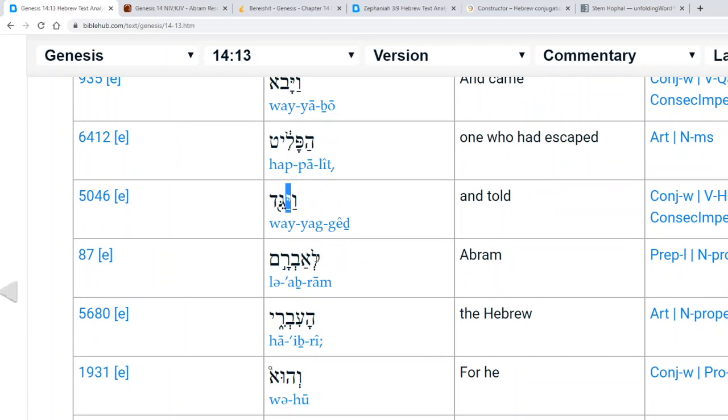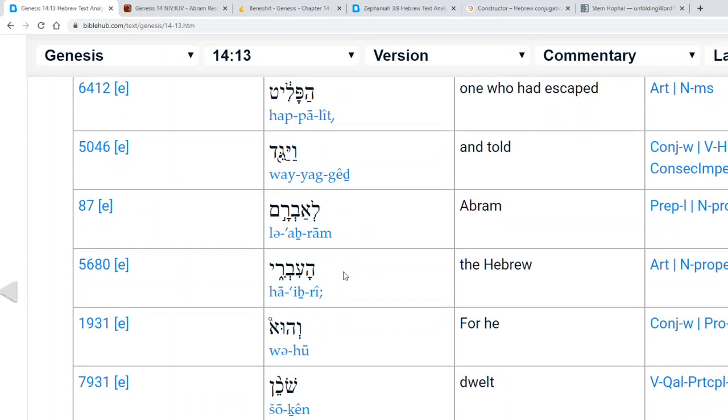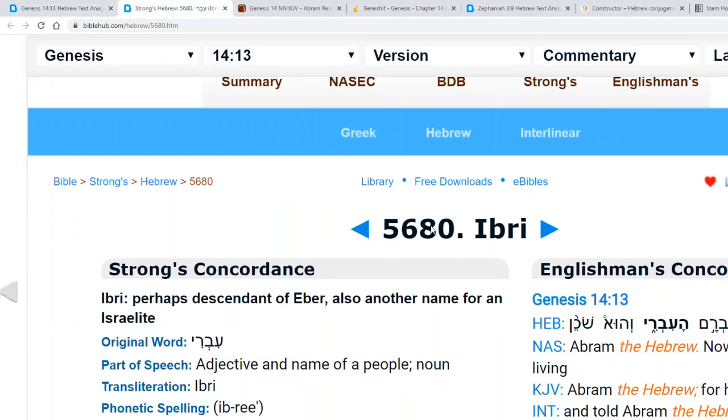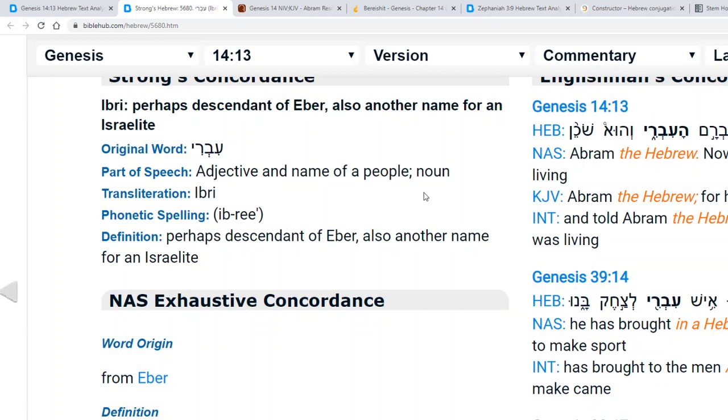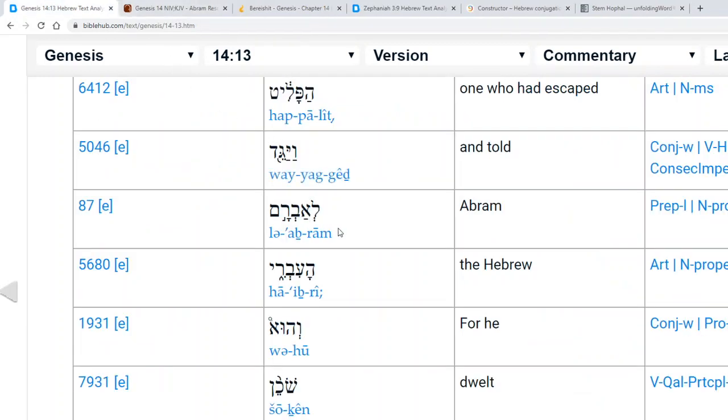Vayaged leAvram ha'ivri. So this is the prepositional lamed. Avram is his name. This is, I believe, the first time we have the word Hebrew in the Bible. Yeah, verse 14, first time Ivri, right? First time we have the word Hebrew. So Abram was a Hebrew.